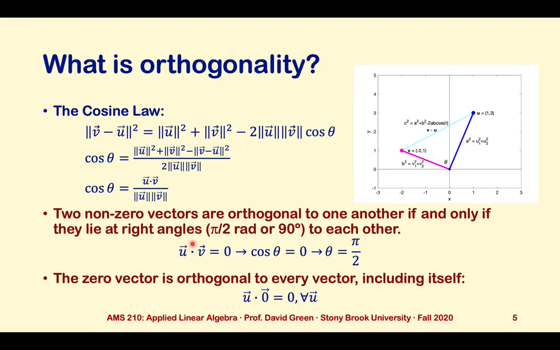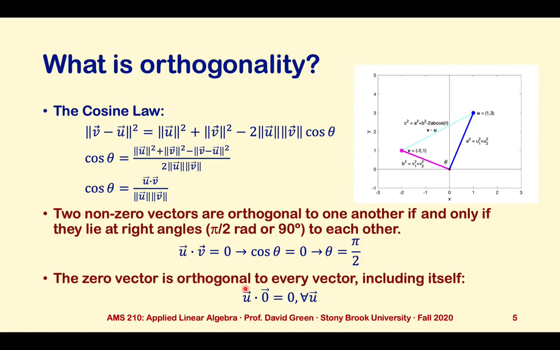Why do we use this dot product definition of orthogonality instead of the angle? Well, one of the main reasons is to allow a definition that includes the 0 vector. With the 0 vector, we can't define an angle that it makes with something because it's a point. In this angle-based definition, if one of the lengths is 0, we have something over 0 giving us an undefined answer.